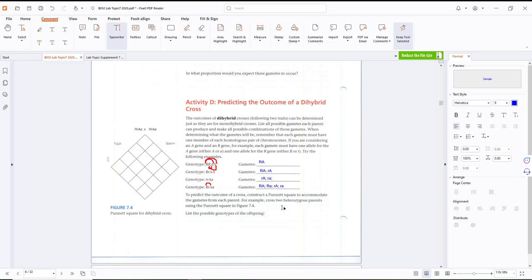I'm going to have big R, big A over here, and then here's another one, big R, little a for that box. Here's this one, little r, big A, and then little r, little a. I'm going to repeat the same thing for the sperm because we have another heterozygous parent. So I'll do the same thing. Big R, big A. Big R, little a.